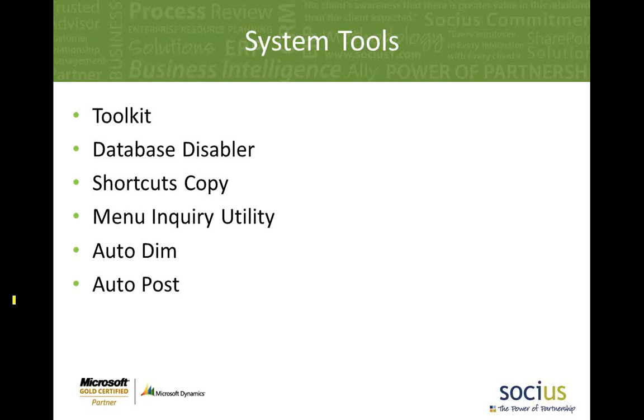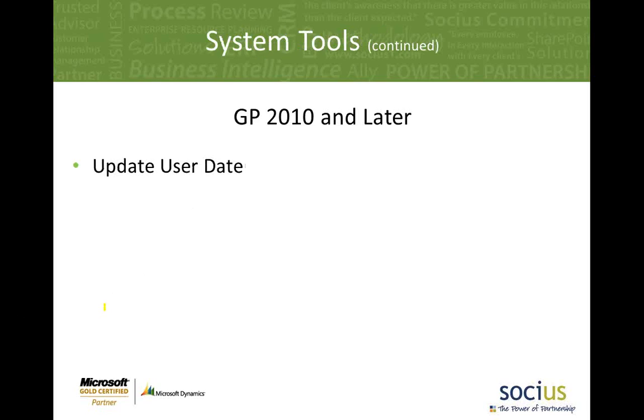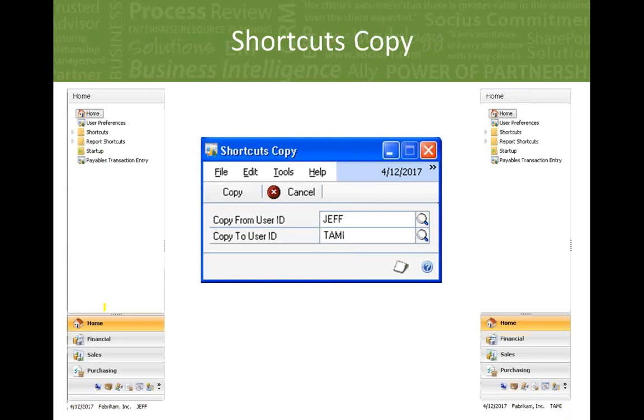So when you go to log in, you can just take it off the screen, like your test database, if you only want it to appear in certain conditions. The update user date will update the user date if you have to leave GP open to run integrations or something like that. It'll update your user date to the next day if the machine is left on.